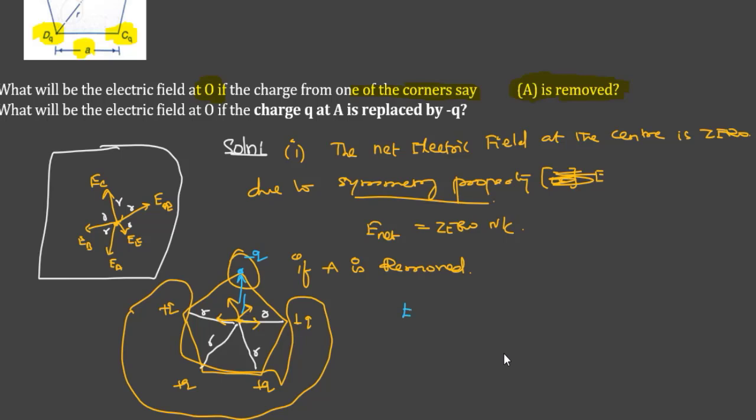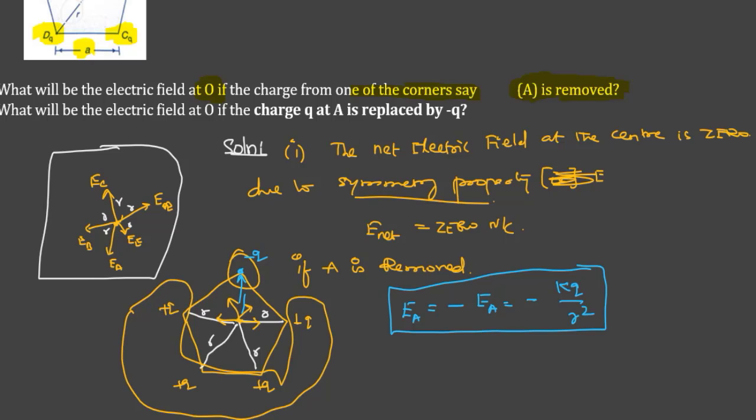So the electric field due to positive charge A, if we remove it, we get a negative field, that is, towards point A. For that case, we need to take the negative sign: the electric field of A is minus kq divided by r square. Because we don't know the q value or the r value, we can directly substitute k q by r square, just writing the formula. Only thing is we have to use the negative sign.